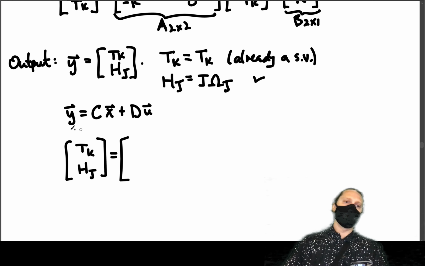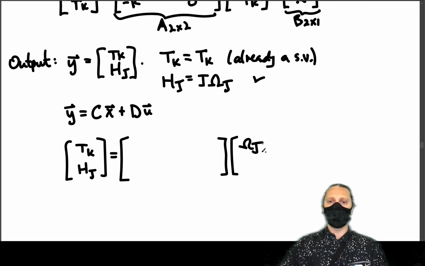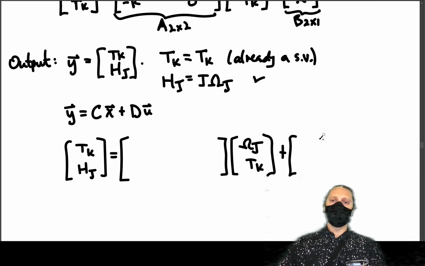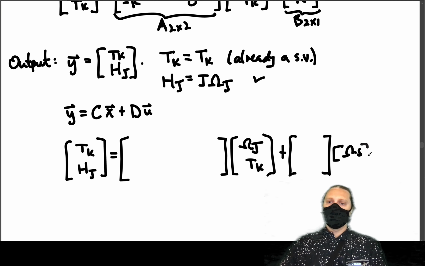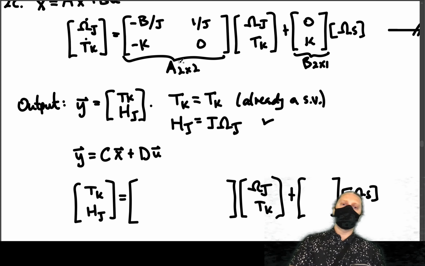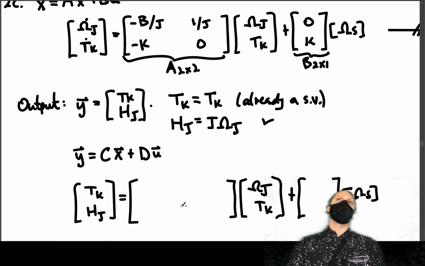The C matrix has to yield a 2 vector. It multiplies X, which is a 2 vector, the state vector X being omega j tk still. And the D matrix has to yield a 2 vector. It has to multiply a 1 vector, so it's a 2 by 1. Although it does occur in this case, the A matrix and the C matrix need not be the same dimension.